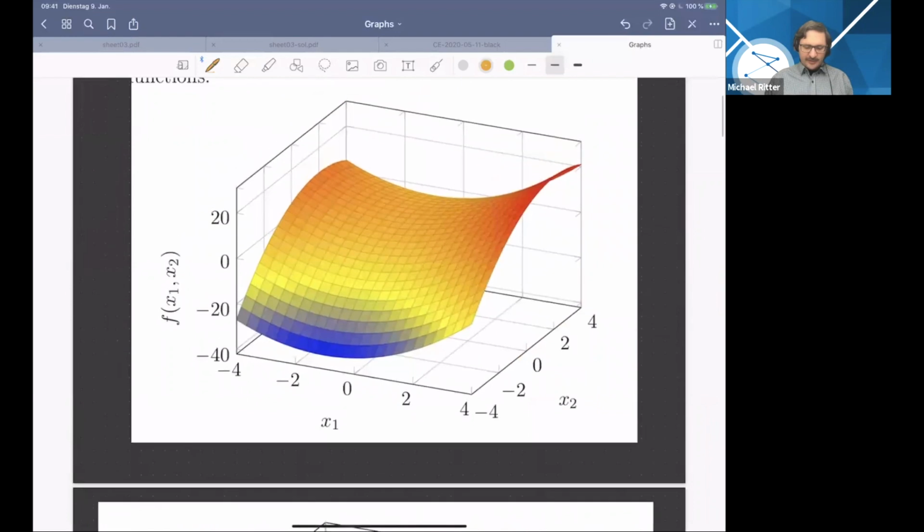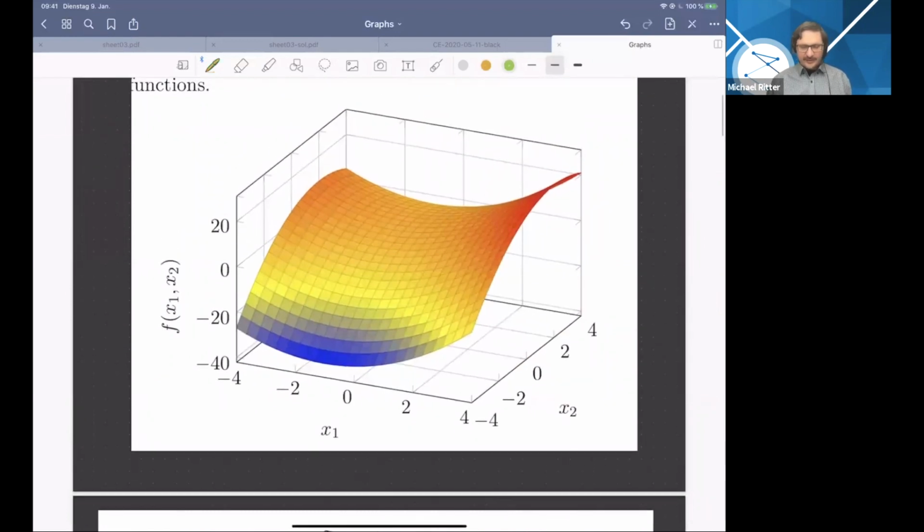Let's look at this surface plot here next. If we again restrict this to looking at the plot in x1 direction, that means we're walking along one of these lines here, like this line here, for example, or this line here. So those are the x1 parallels. Okay, and as you can see, these lines basically are formed like a parabola.